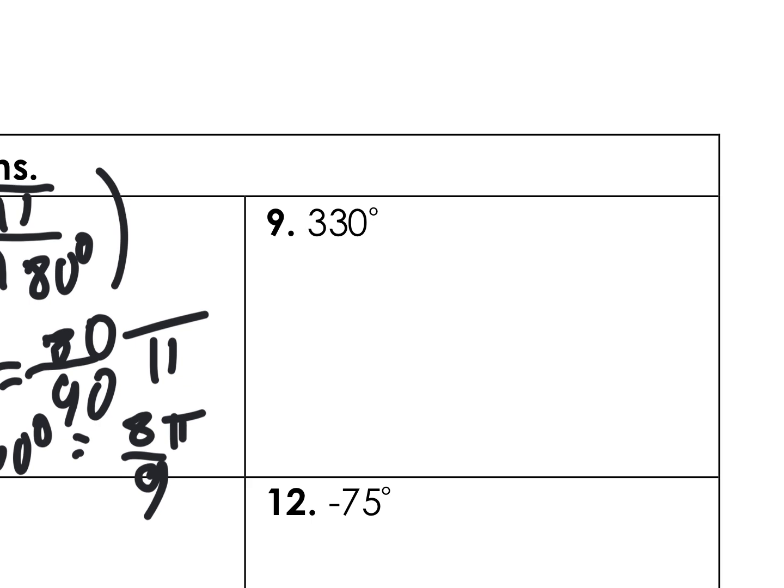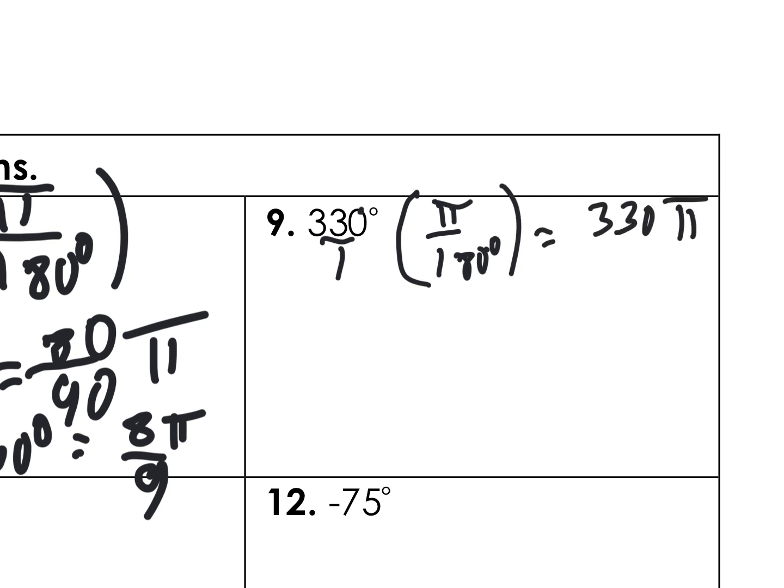I'm going to take this 330 degrees over 1 and multiply it by pi over 180 degrees. Degrees is in the top, degrees is in the bottom. That means they cancel. That turns into 330 pi over 180. Well, I don't know how that reduces.